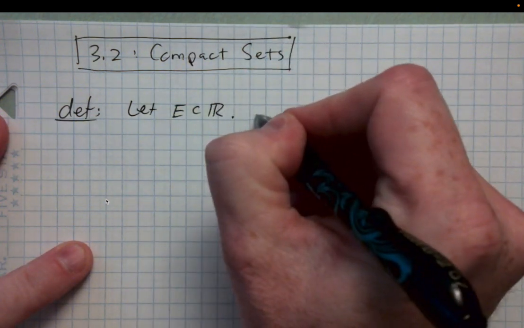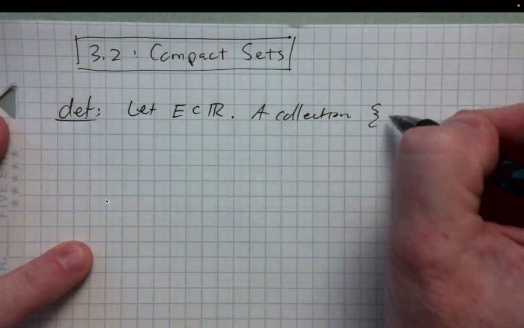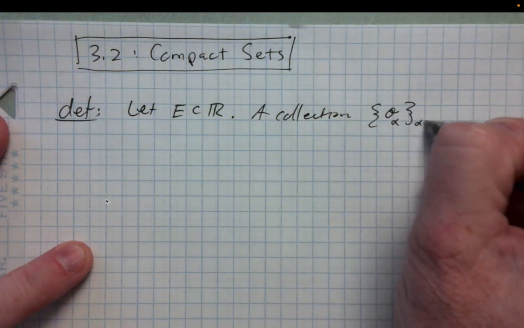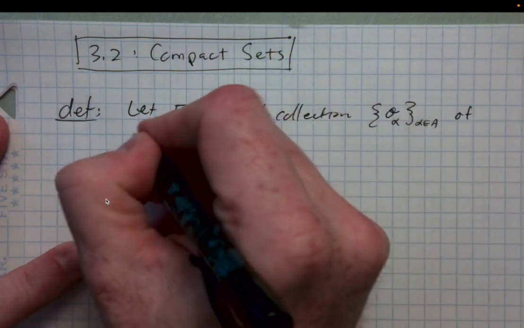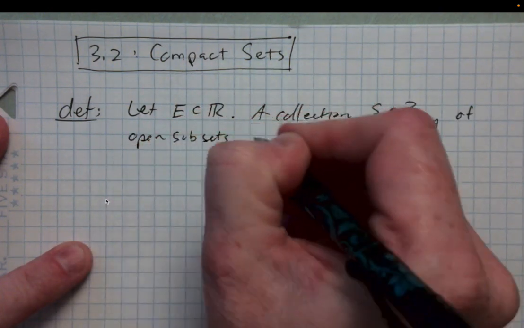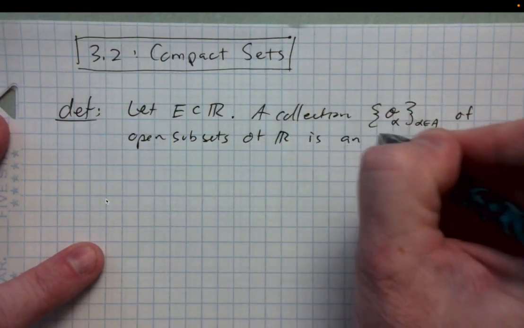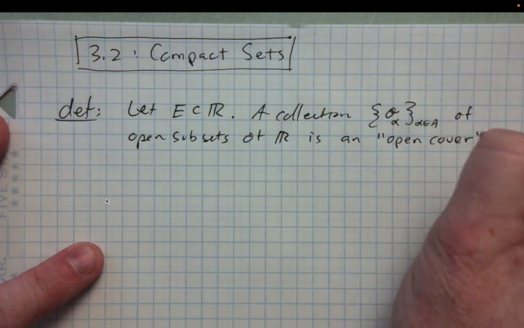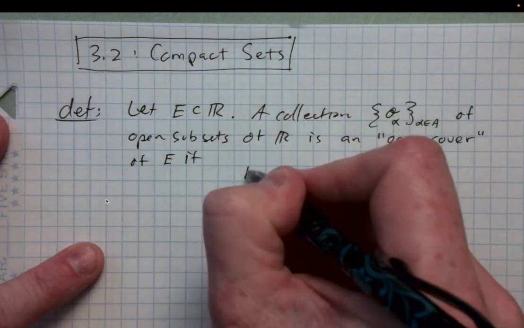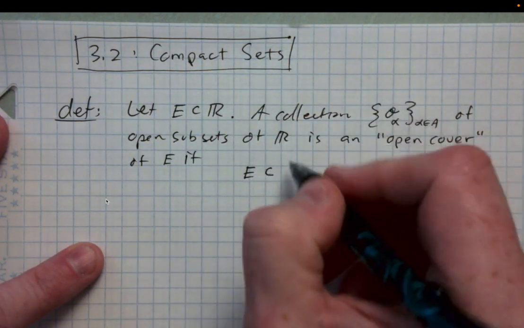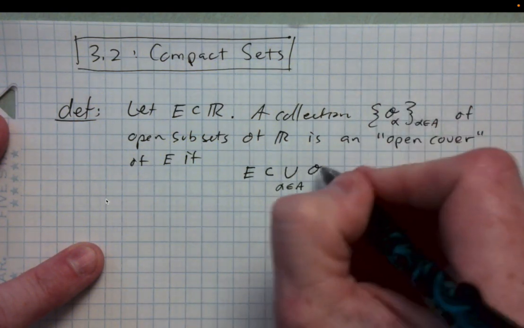And then we say that a collection of open subsets, denoted O sub alpha, where alpha is in some index set A, of the real numbers is an open cover of the subset E if E is a subset of the union of all of these open subsets, O alpha.